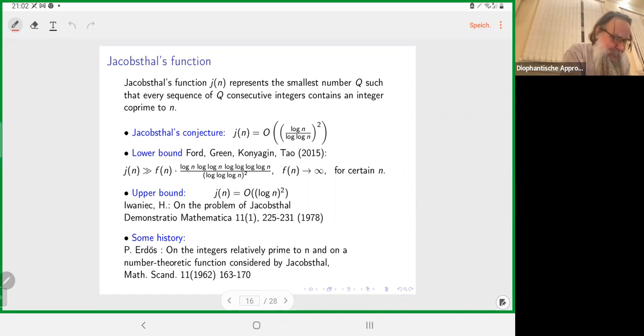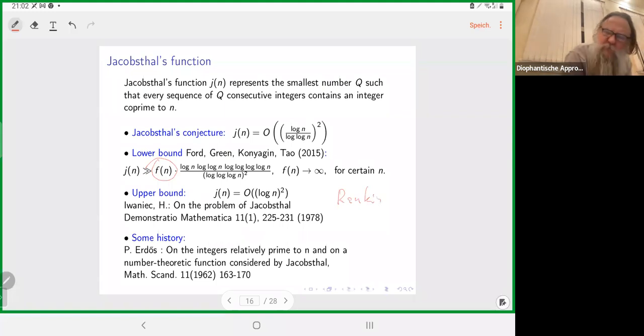If you are interested in more details, you can look into the old survey by Erdős. Without this, it was an older result by Rankin from the 30s.